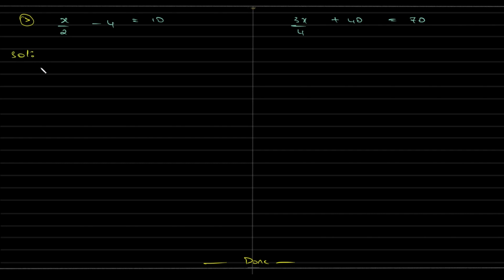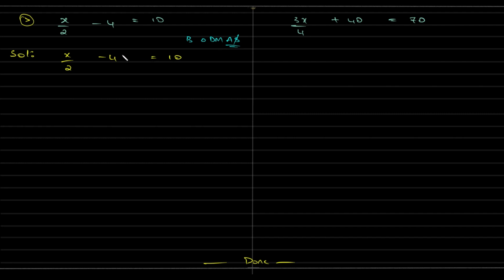So again, just copy the question. I didn't like the way I wrote that. So x by 2 minus 4 is equal to 10. So as per BODMAS, should I subtract with something on both the sides? No. Actually, it's kind of subtraction only. Again, it's not a convenient style. It's just something which helps you figure things out easily.